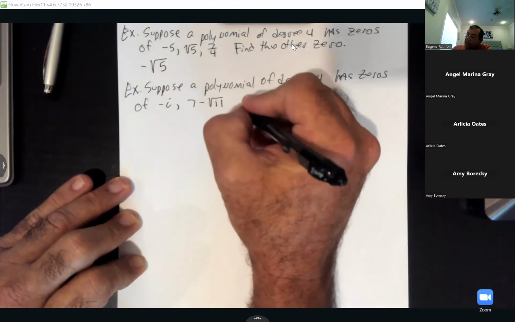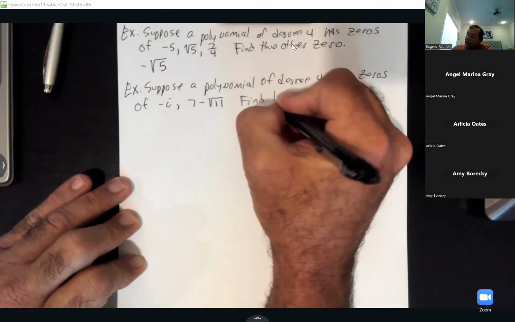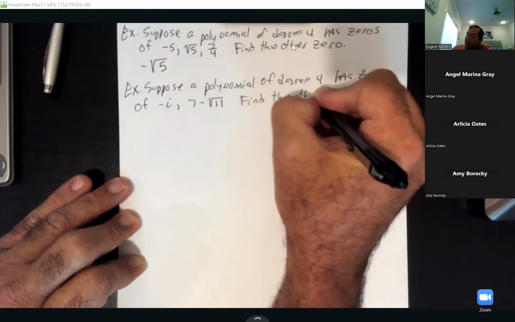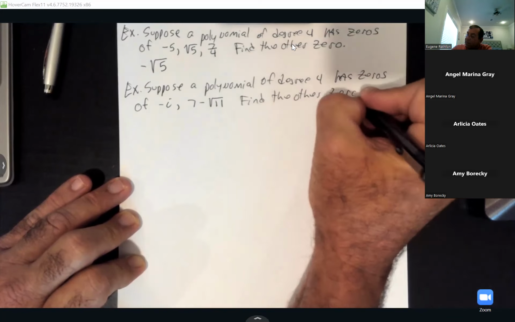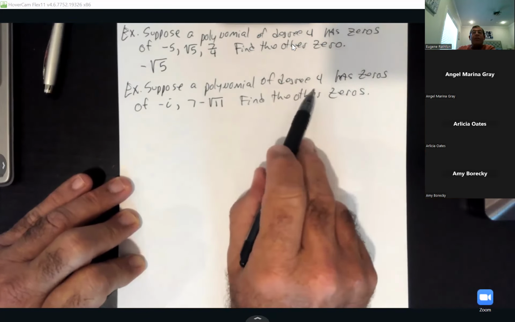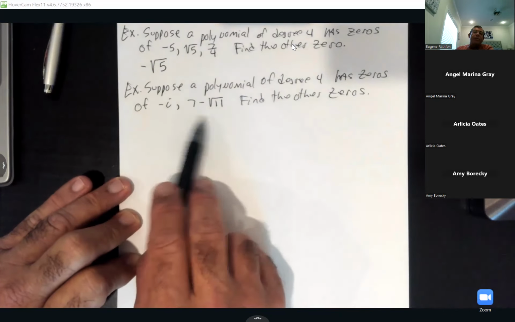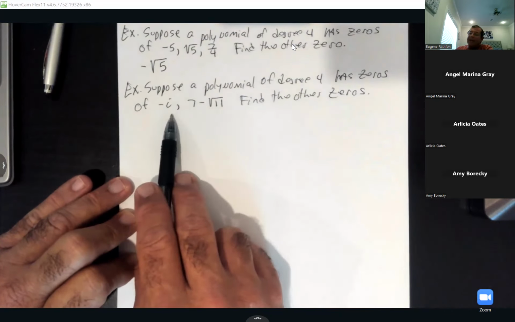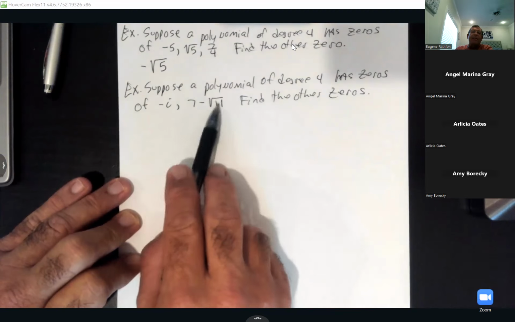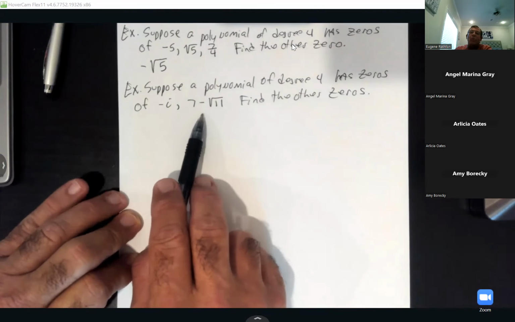Then they say, hey, find the other zeros. So remember, this is a degree 4, so I need 4 zeros altogether. They're giving me 2. They're giving me a negative i, and then remember, this is a single number, 7 minus square root of 11.